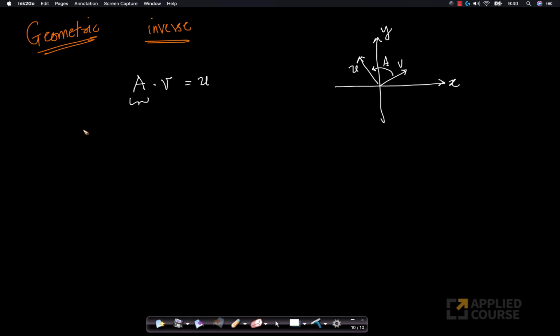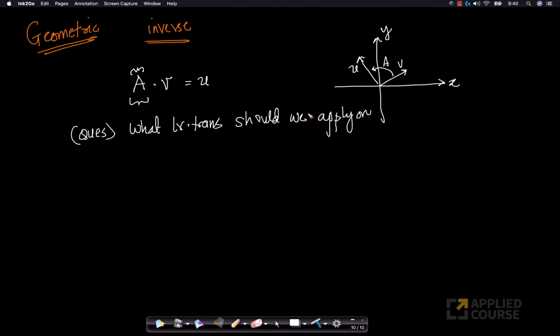Now the question here is this. We obtained U by applying the transformation represented by matrix A. Now the question is the other way around. What linear transformation should we apply on U to obtain V back?